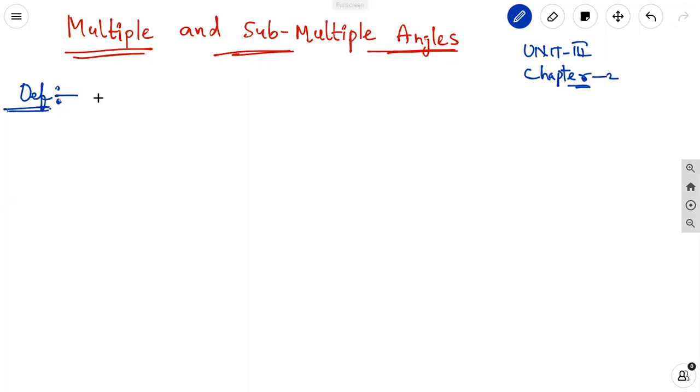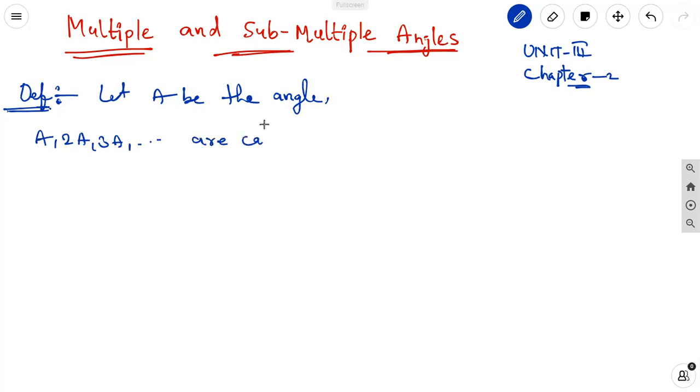Multiple means, let A be the angle. We can take multiples of that angle with a positive integer, then A, 2A, 3A, and so on are called multiple angles.